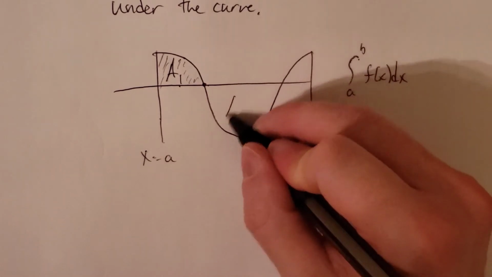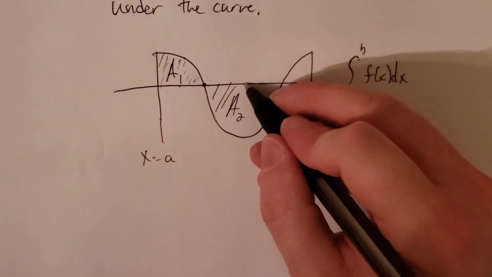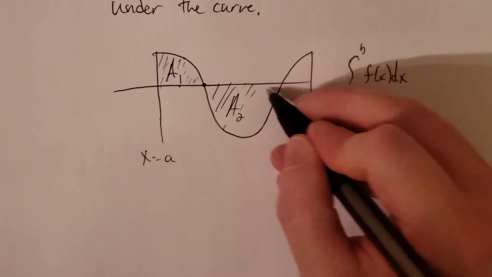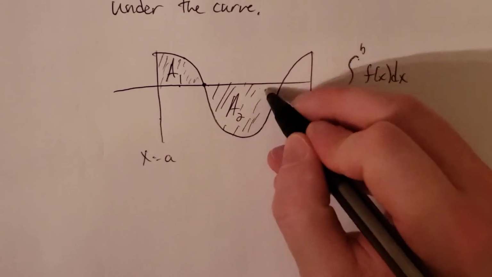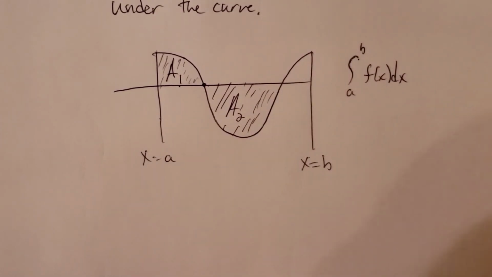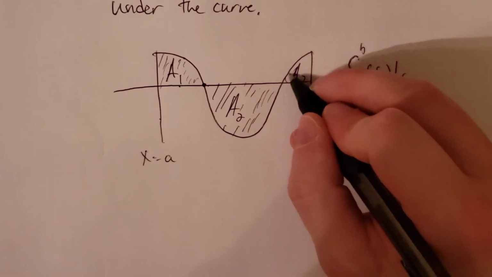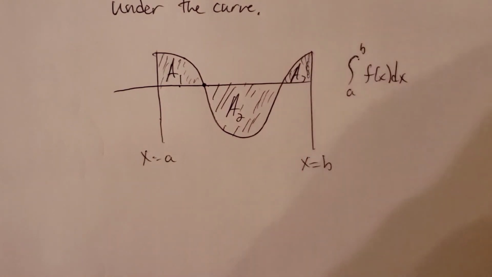And then we have some A2 here, which is the area below the x-axis and above the curve now. And then we have A3 here, which is this region in here.